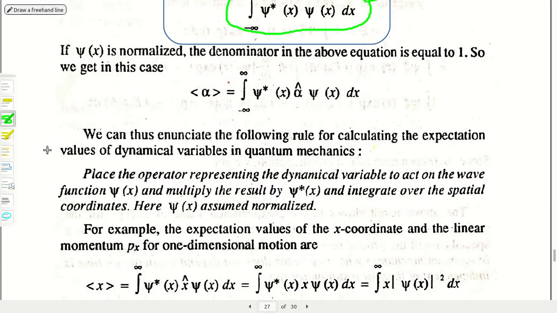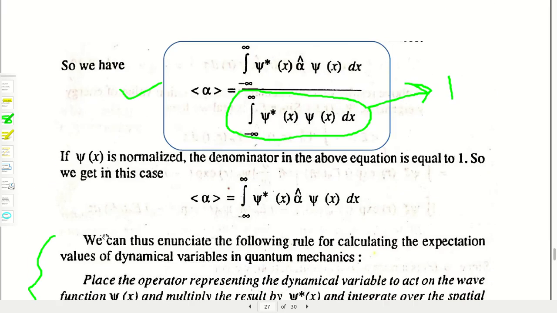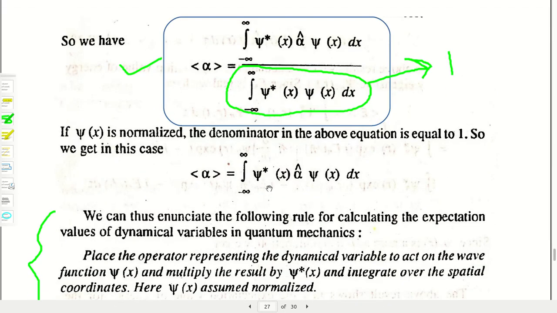Okay, see from here, and some examples are there. Now I am describing from here. You can see, taking the normalized wave function, first you have to know of what dynamical variable you are going to find the expectation value.